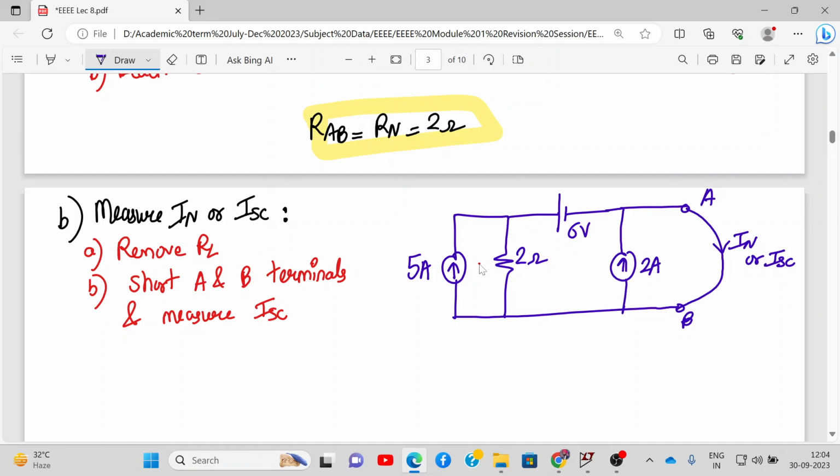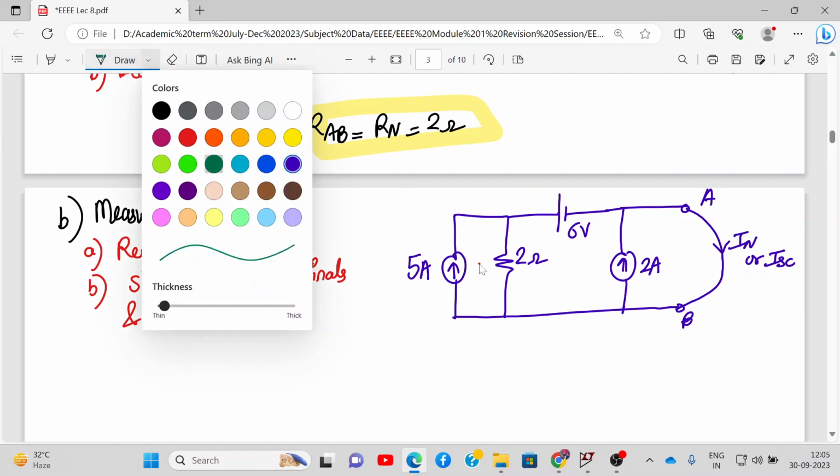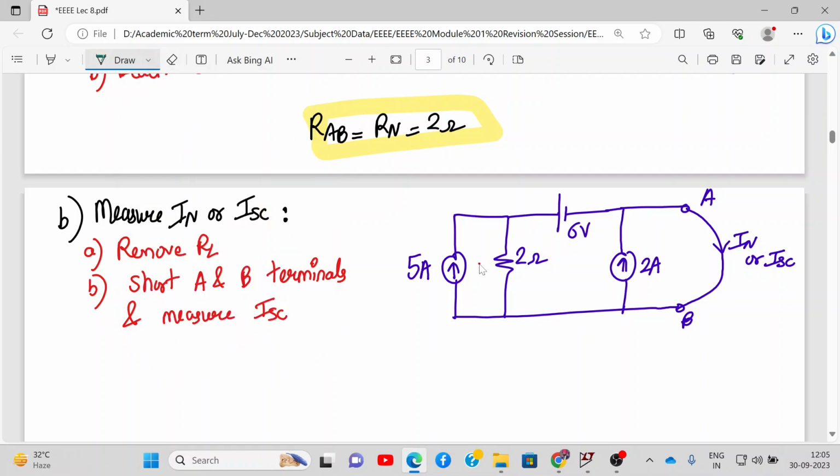Alright. Now, if you see carefully, we can simply apply a simple mesh analysis to calculate this. So now we need to calculate ISC. If we apply normal mesh analysis, this is loop number 1, this is I1, this is I2 and this is I3.